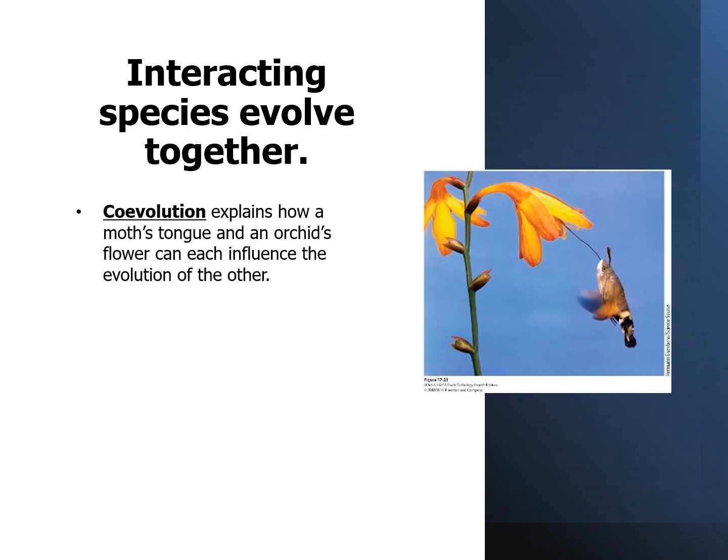So the moth is adapting to having a very long tongue. It's 11 inches long, which is pretty crazy. So these species are able to evolve together to help and serve each other's needs, which is pretty cool. So this is an example of coevolution.